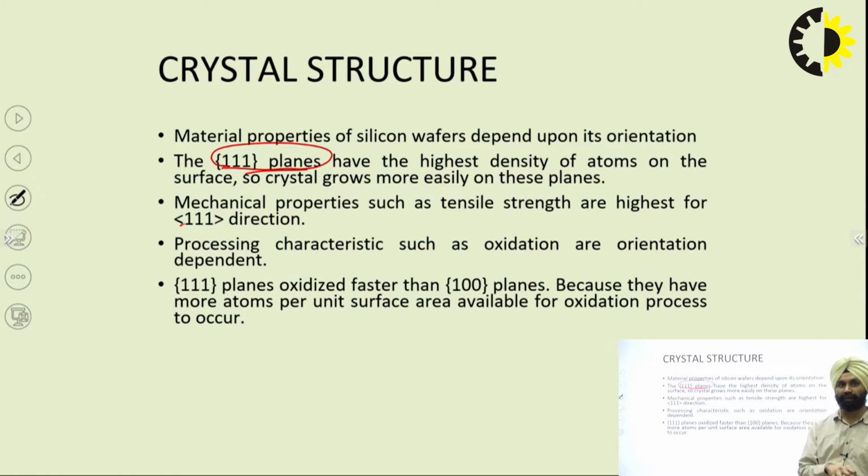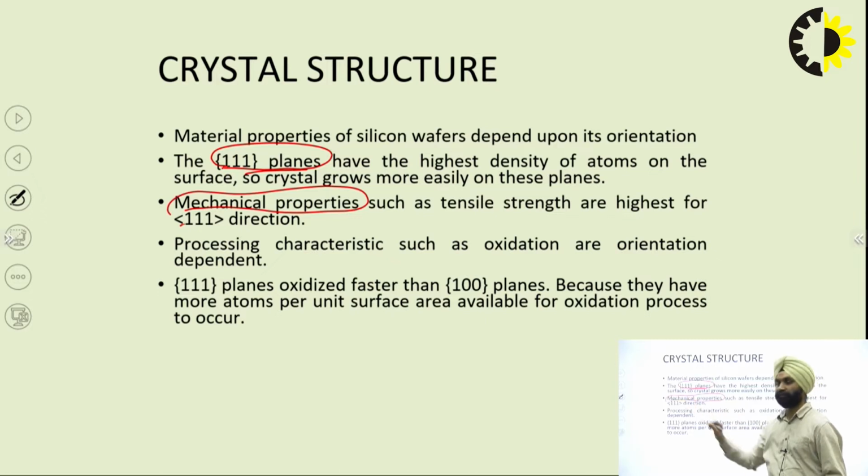When they are collaborating with the atoms, they will easily form planes on the crystal. Another thing is that when there are more atoms, that provides strength to the material. So the lattice structure will have mechanical properties varying with these orientations.